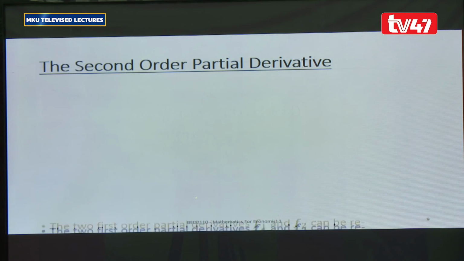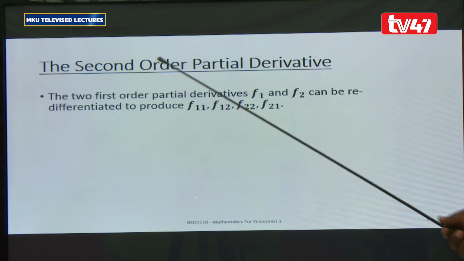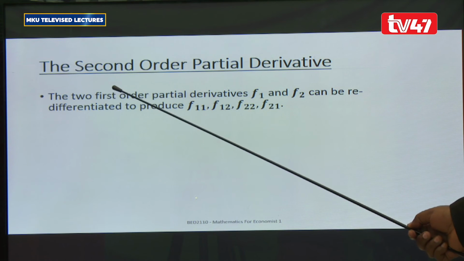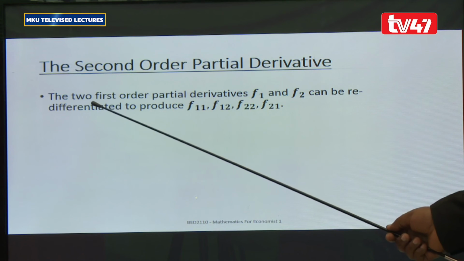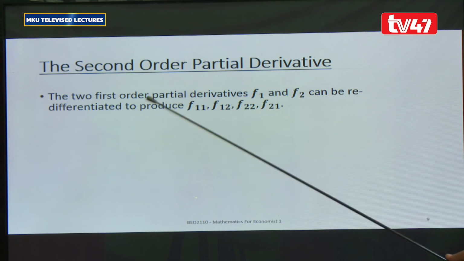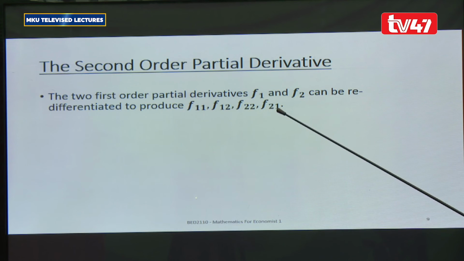Now, after we have performed the first order condition of the first derivatives, we now can consider the second order partial derivatives. The first two order partial derivatives f1 and f2 can be redifferentiated to produce f11, f12, f22, and f21.